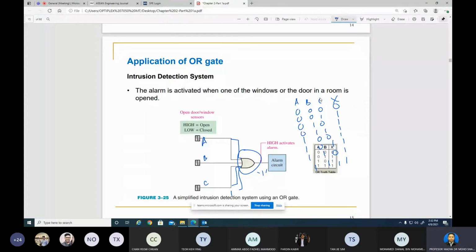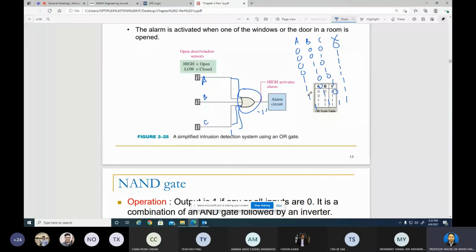Only one needs to be active, and the alarm will be triggered. If none is active, the alarm is not triggered. Even if we have 46 or 50 inputs, if only one input is true, the alarm will be triggered. An example application is an intrusion detection system using the OR gate.